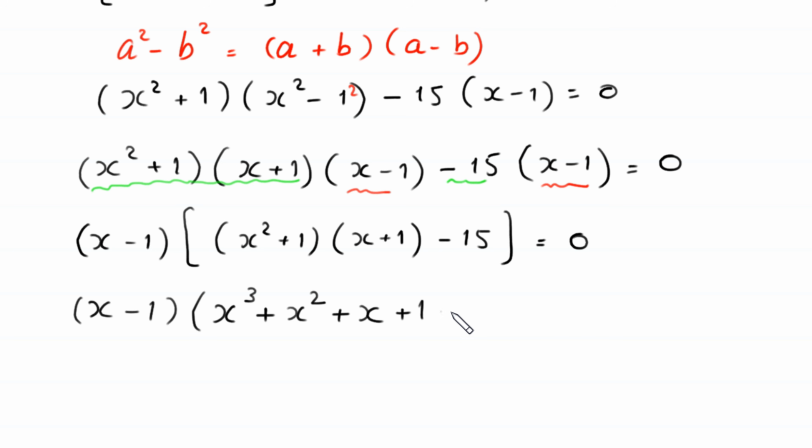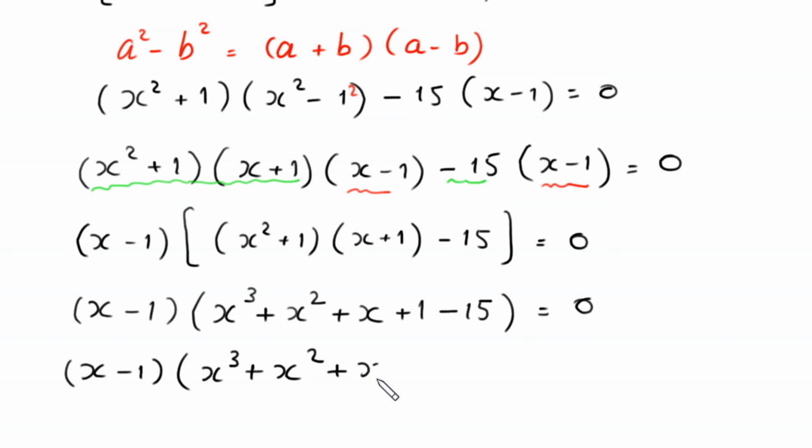This minus 15 is equal to 0. Next, x minus 1 times x cubed plus x squared plus x. This 1 minus 15 will become negative 14 is equal to 0.